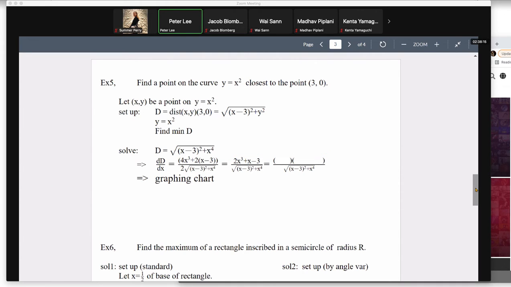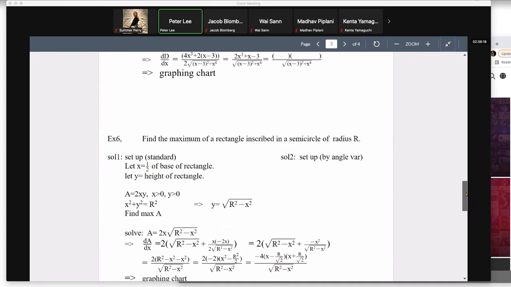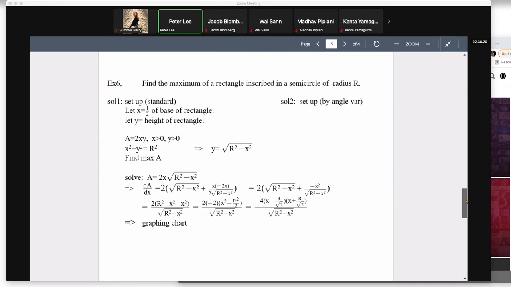Class, I'm a little bit short of time, so let's now move on to example 6. Example 6: find the maximum area. I forgot the most important word in the question. Can somebody tell me what I forgot?